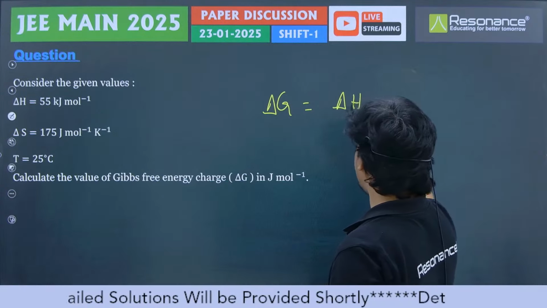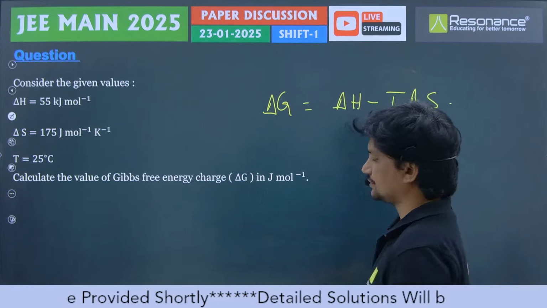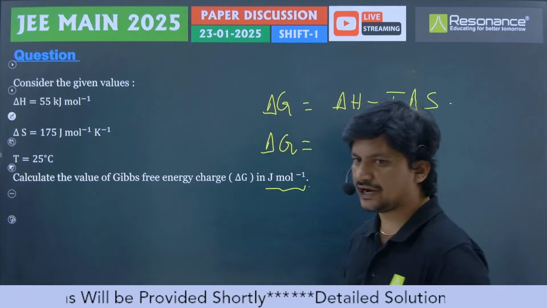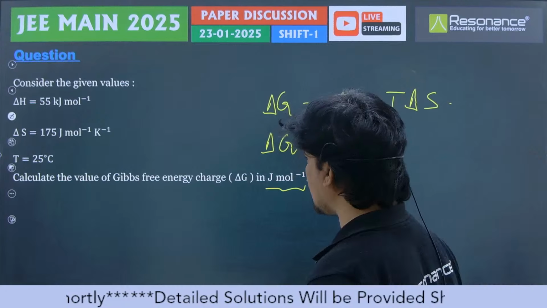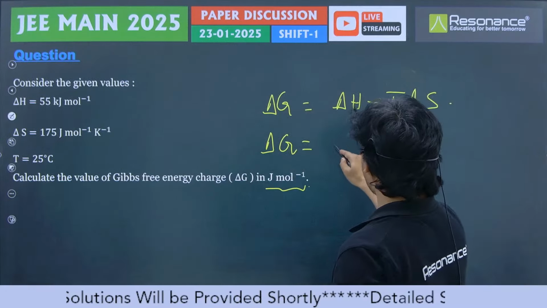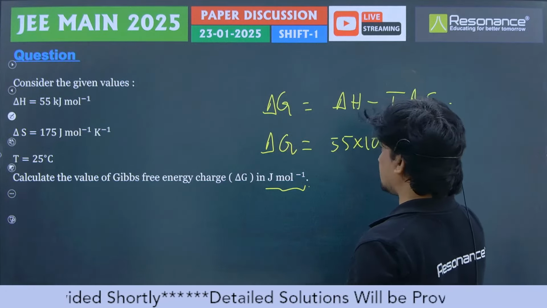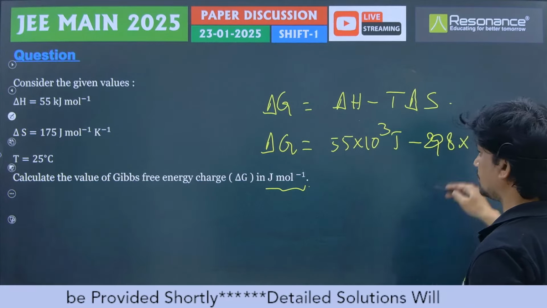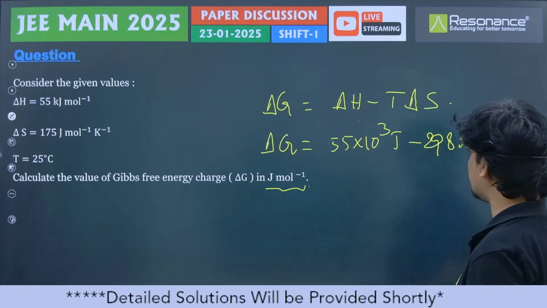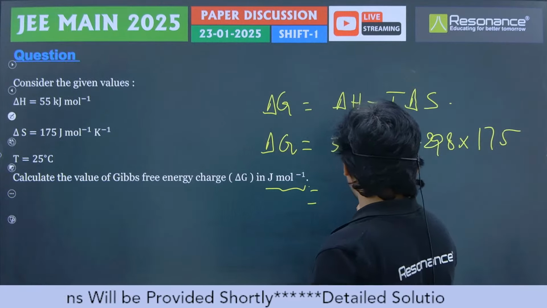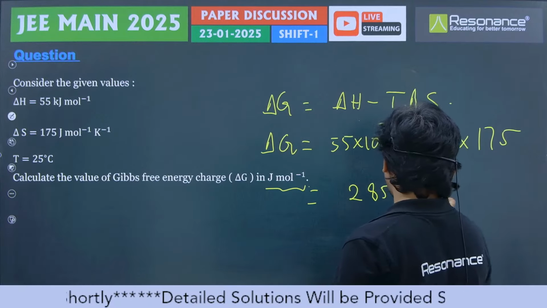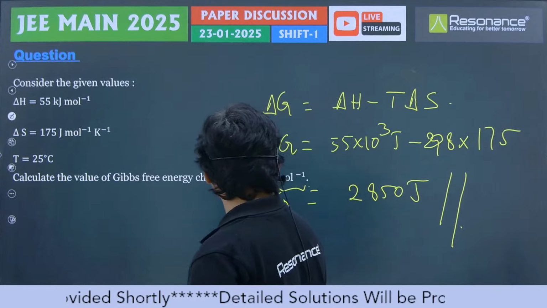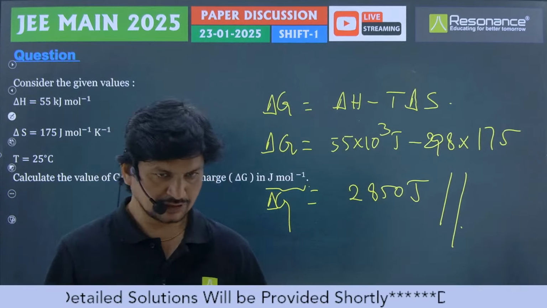Delta G is equal to delta H minus T delta S. They asked to calculate in joules per mole, so all the values should be in joules per mole. 55 into 10 power 3 joules minus, what is the temperature? 298 Kelvin into 175. Then what do you get? You get delta G as 2850 joules. Delta G is equal to 2850 joules, right?